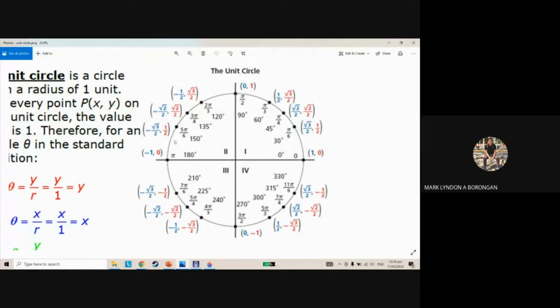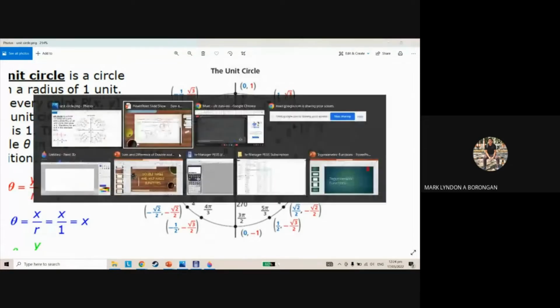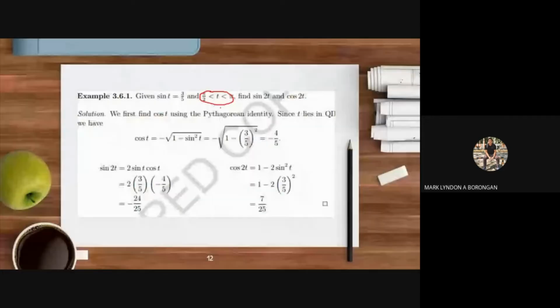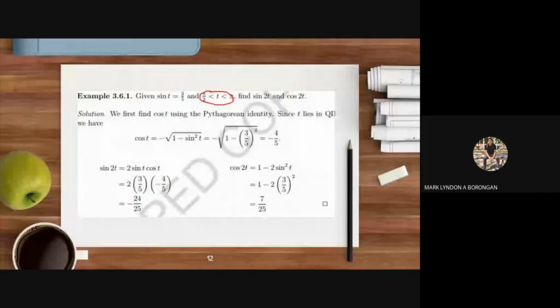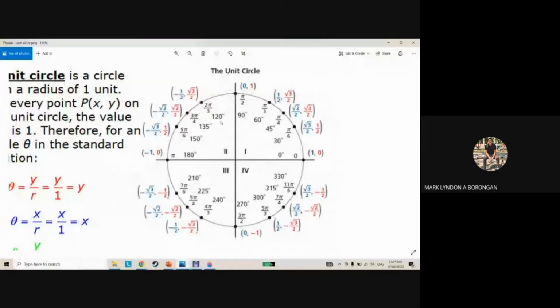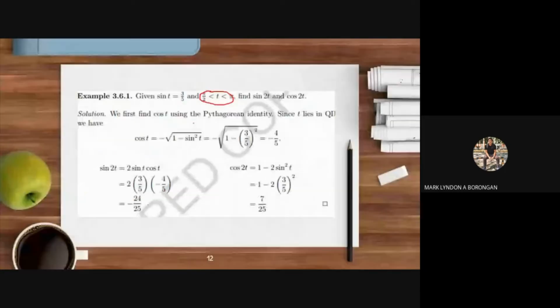And then pi is 180. Since the condition given in this example is t is greater than pi over 2, so it is greater than 90, but it is less than 180. So it is in between 90 and 180. This means the angle sits in quadrant 2. That is our hint: the angle is in quadrant 2.